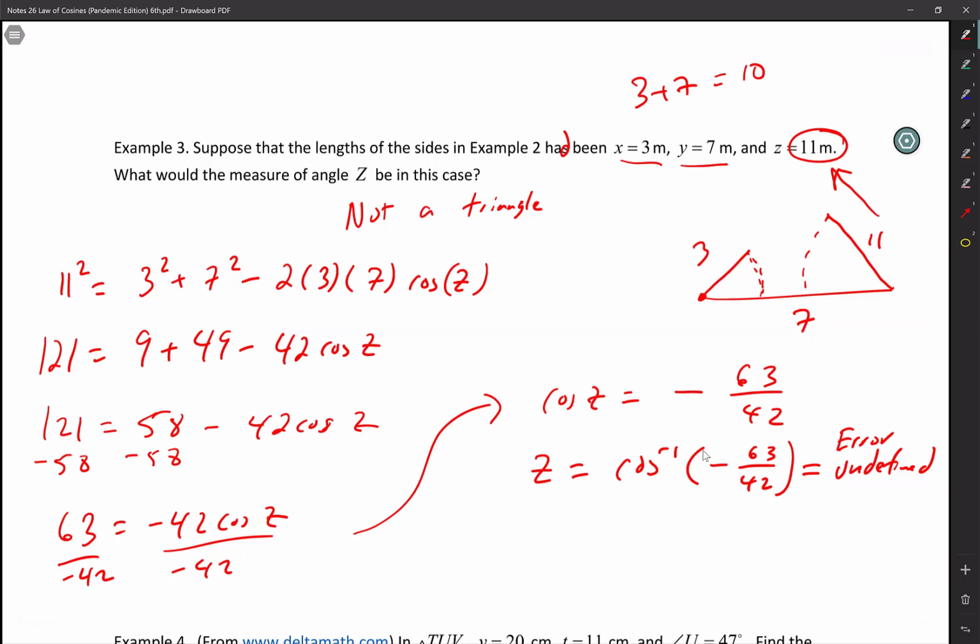Why? Why is it undefined? Why do I get an undefined there, guys? I mean, I know I don't have a triangle, so you can say, well, you don't have a triangle, but tell me why our cosine is undefined for this ratio. Do we have anyone that knows why, guys?